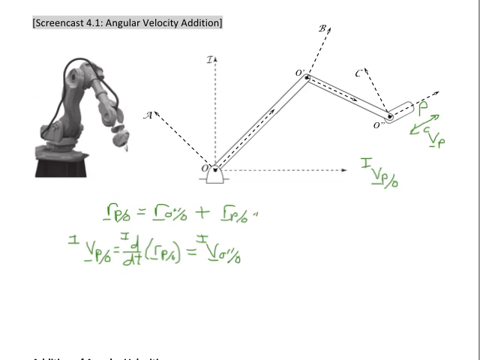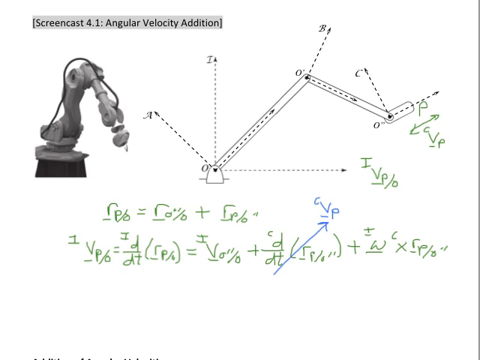We're observing that in the C frame, so we'll take the time derivative in C of that position vector, P with respect to O double prime, and then we need to add the angular velocity of reference frame C as observed in I, and cross that with the position vector of P with respect to O double prime. And so these second two terms are a direct application of the transport equation.